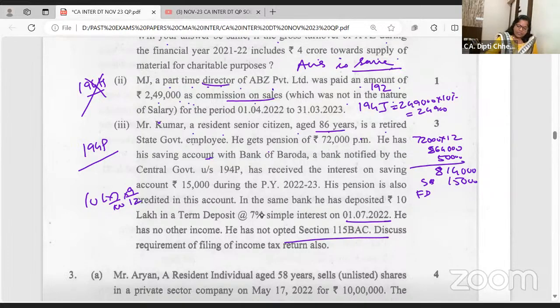10 lakh into 7% into 9 divided by 12. That comes to 52,500 plus 15,000 plus 8,14,000, 881,500. And he's not gone for new regime. So quickly, can we calculate the tax?